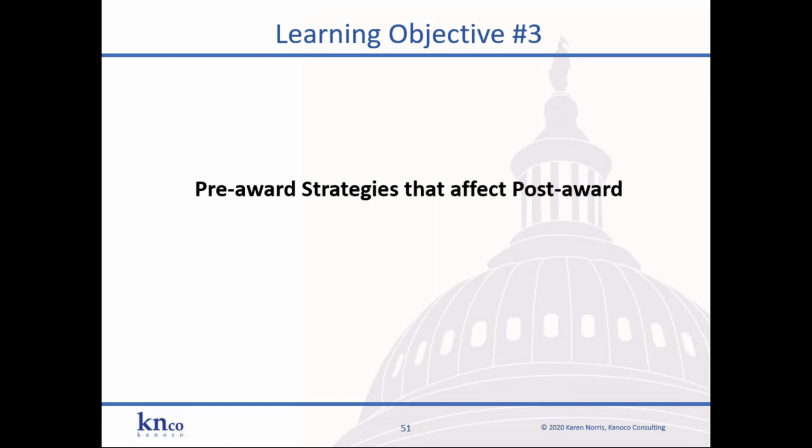Okay, very good. Let's move on to learning objective number 3, which is about what some of these pre-award strategies are that can help us with post-award, because each application serves as an ambassador to the implementation of the project.